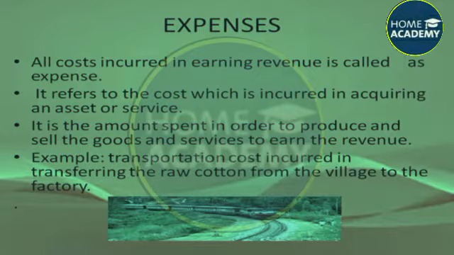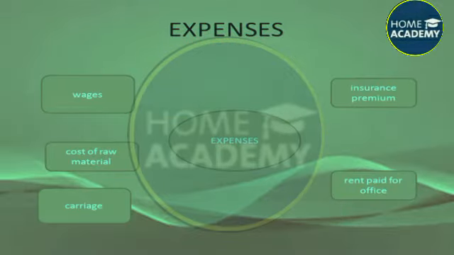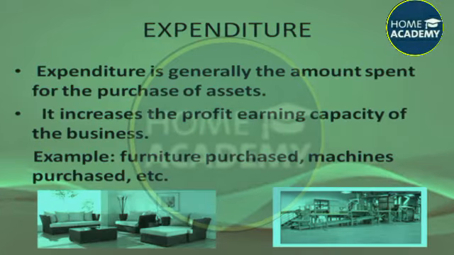Example, transportation cost incurred in transferring the raw material. Some of the items of expenses can be wages, cartage, rent paid for the office or for the factory, insurance premium, etc.